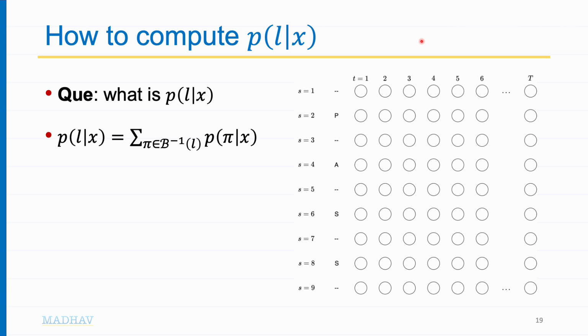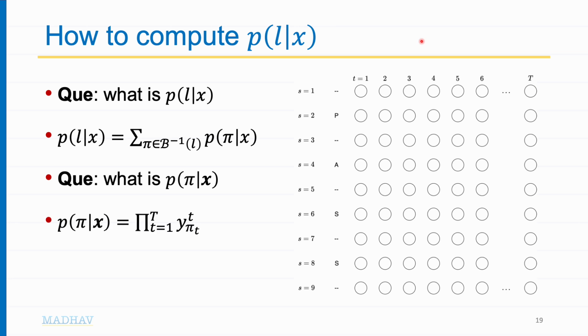Clear? Now tell me what is P of pi given X? What is the probability of one path? Product of all the y terms in that path, right? I hope you remember this. Very good. So the product over all the y terms which fall on that path. So y t k. Here k is basically pi t. Pi t means the character which appears at time t in the path pi.